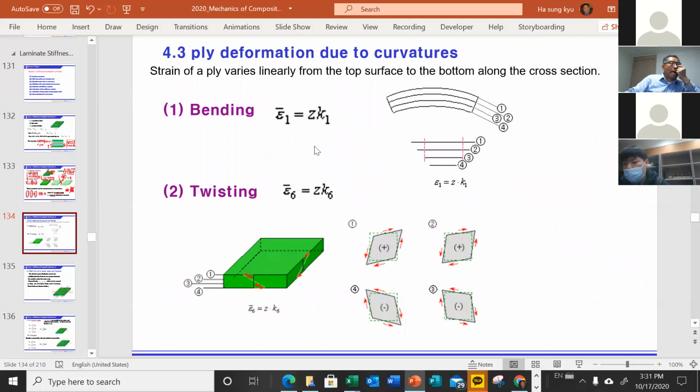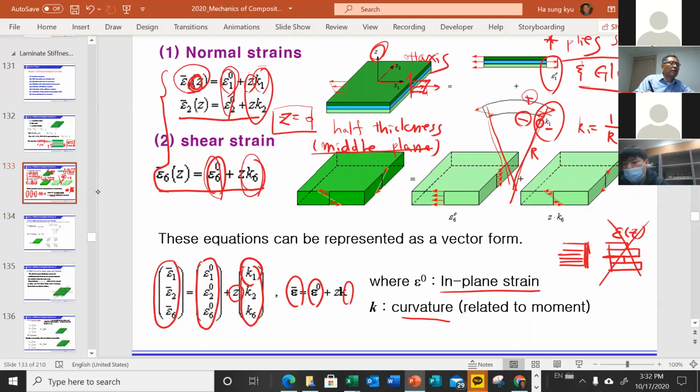Now, this is redefined to help you better understand this bending and twisting, these terms Q1 and Q6.